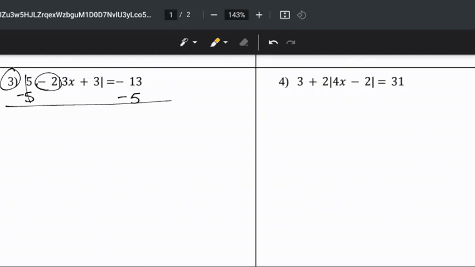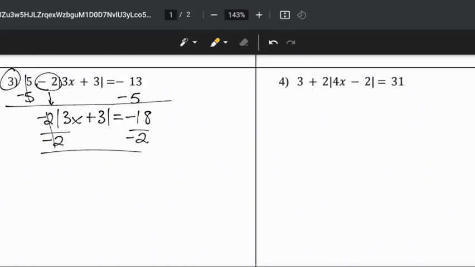We are left with negative 2 times the absolute value of 3x plus 3 equals negative 13 minus 5, which is negative 18. You might be saying, we still have a negative number, but we still have not completely isolated the absolute value bars. We need to divide by negative 2.